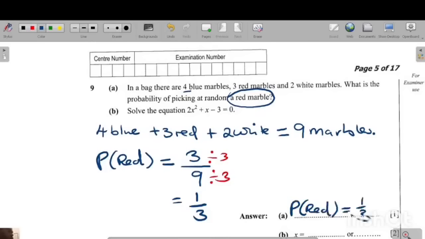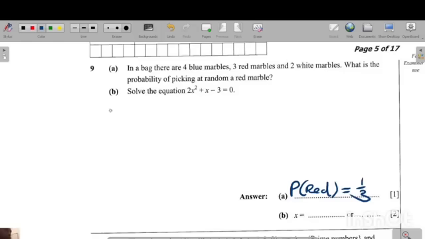1 over 3. Okay, part B, they want you to solve this equation. So you have 2x squared plus x minus 3 is equal to 0. So this is a quadratic equation.